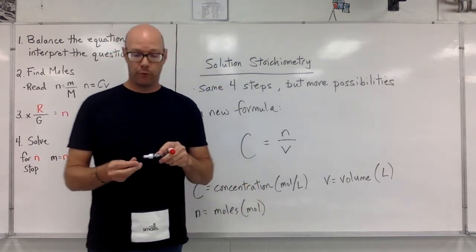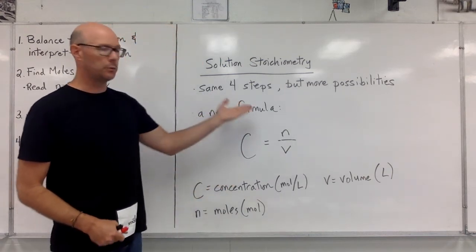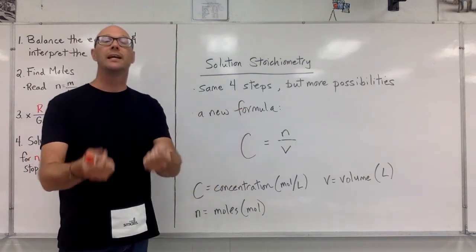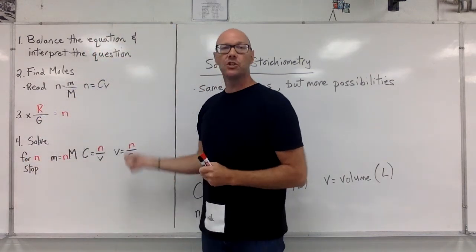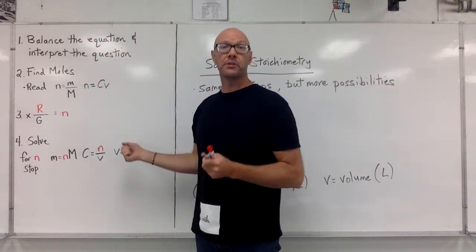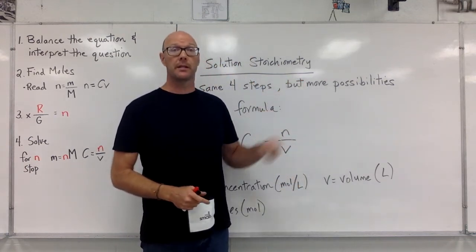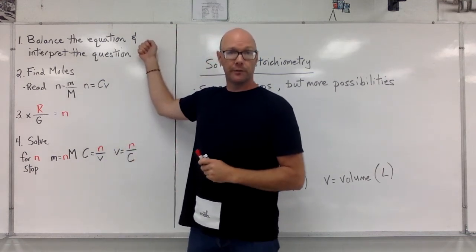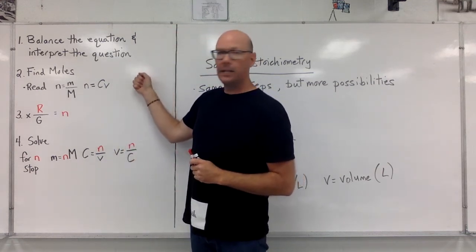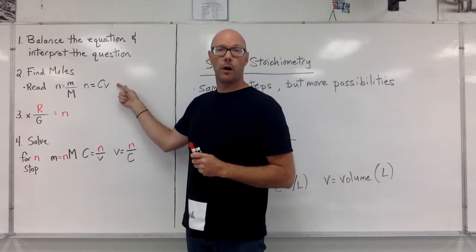We have this new formula, C equals n over V. Concentration equals moles divided by volume in liters. We can incorporate that formula into our established 4 steps. What happens is it's the same 4 steps, but there are more possibilities, more choice going on. No change at all to the first step. Finding moles, that's our same goal in the second step, only we have a 3rd possibility.